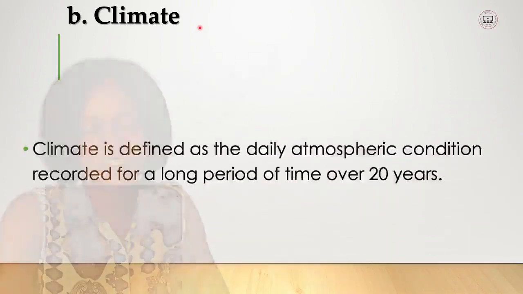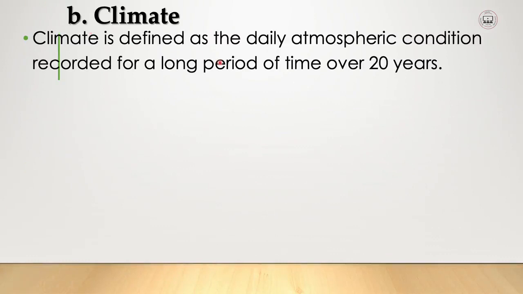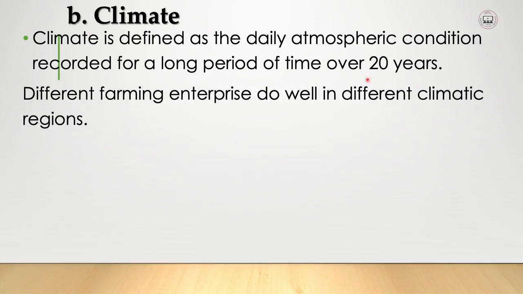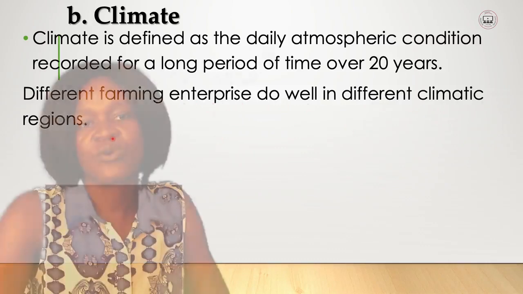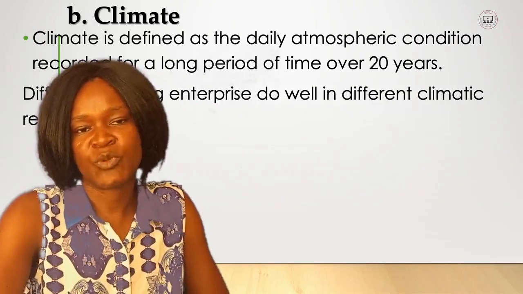Let us now look at climate. Climate is also another factor of production which will affect agricultural productivity. We can define climate as the atmospheric condition recorded for a long period of time, let's say over 20 years. We are aware that different farming enterprises do well in different climatic conditions, both crop production and animal production.